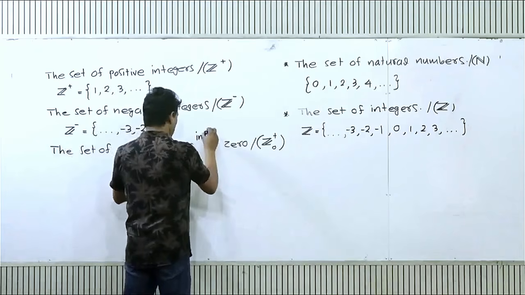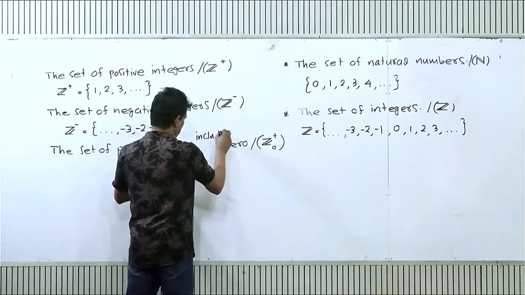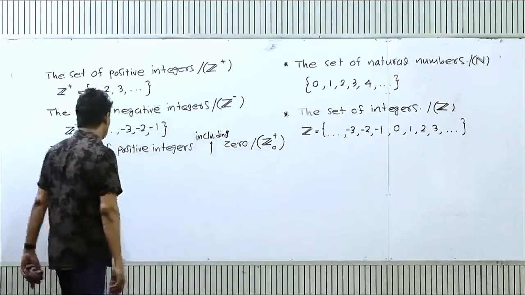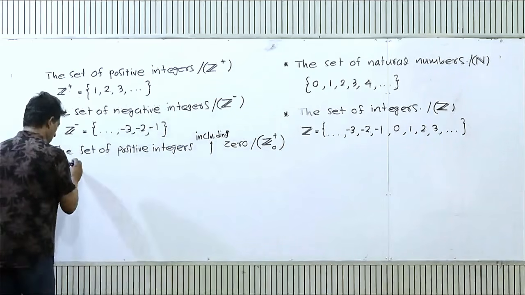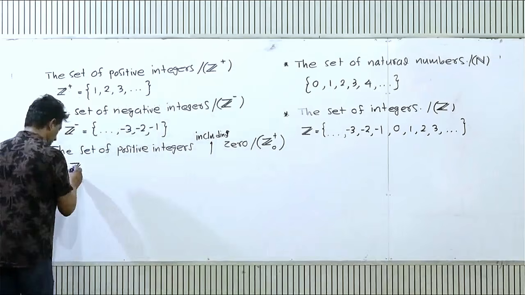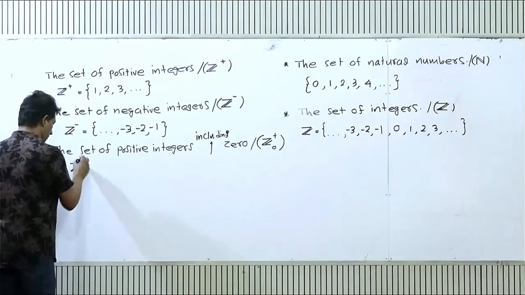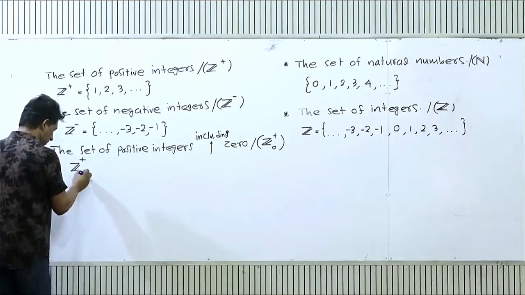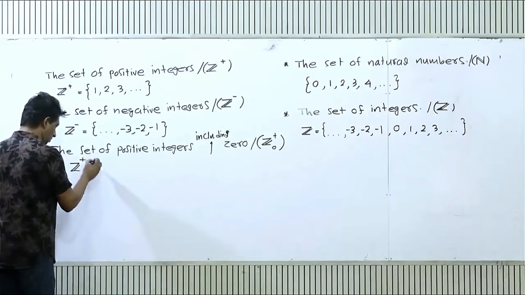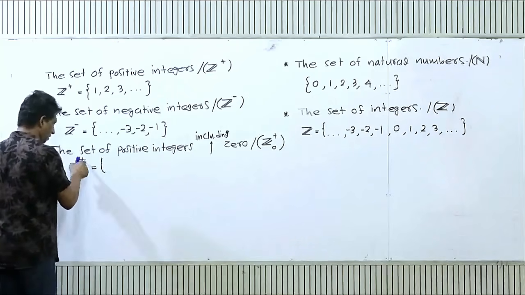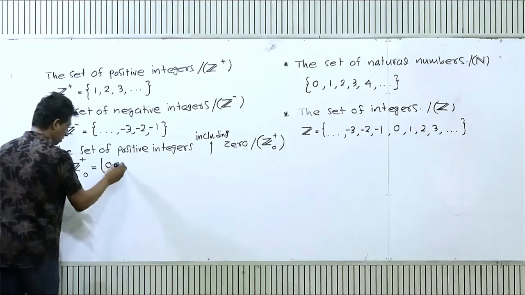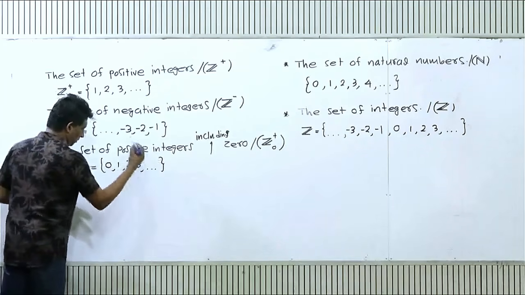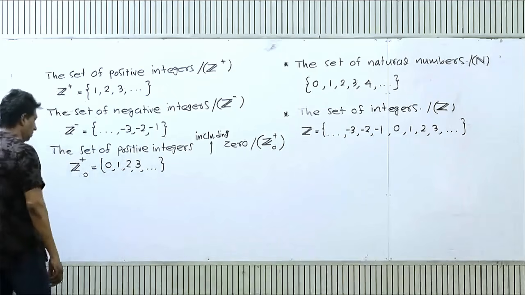That is better, including 0. That is the notation. This notation is for integers. If we put positive here, that means positive integers. Then if we put 0 here, then 0 is also there, right? Then 0 and positive integers: 0, positive 1, positive 2, positive 3. We have to put 3 dots and close brackets.